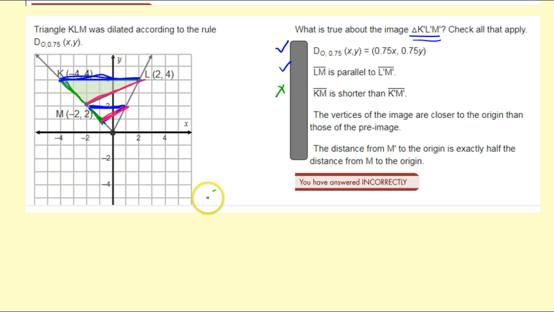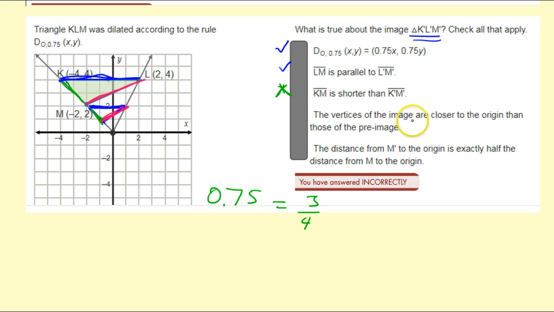The new triangle is going to be 0.75 times the original. 0.75 is 3/4. So the new triangle is 3/4 the size of the original. So the new triangle is going to be smaller. So the original length KM is bigger than K prime M prime. So that's false.